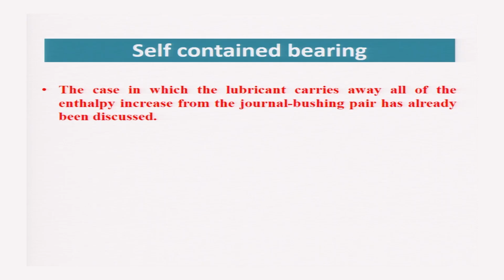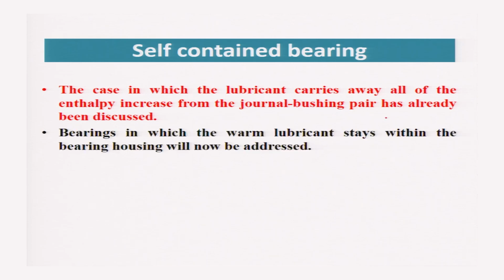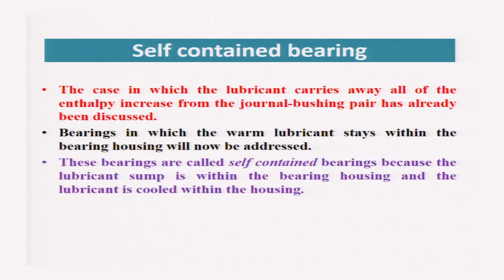The case in which the lubricant carries away all the enthalpy increase from the journal bushing pair was studied in the previous class. The bearings in which the warm lubricant stays within the bearing housing will be addressed now. These are called self-contained bearings because the lubricant sump is within the bearing housing and the lubricant is cooled within the housing.